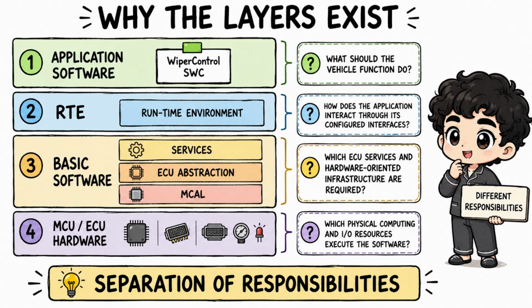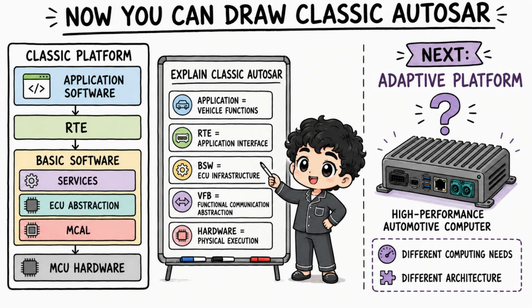clearly defined technical boundaries. For an interview, if you're asked to explain AUTOSAR Classic platform architecture, start with the 3 major software layers. Application software contains vehicle function software components and is mostly hardware independent. The RTE provides the application-facing interface for communication between software components and access toward basic software.